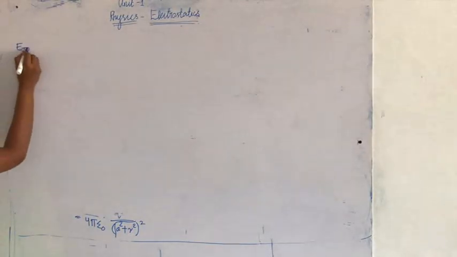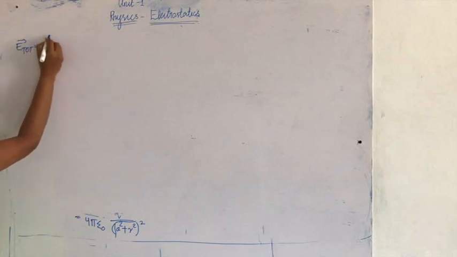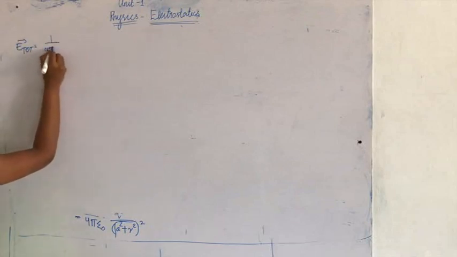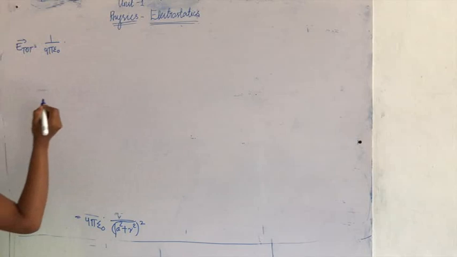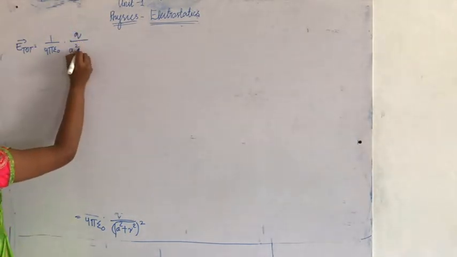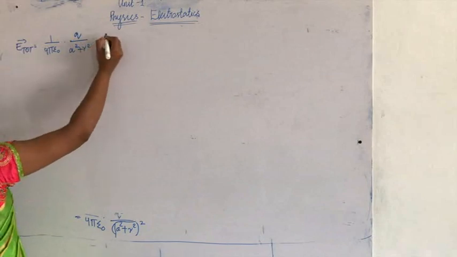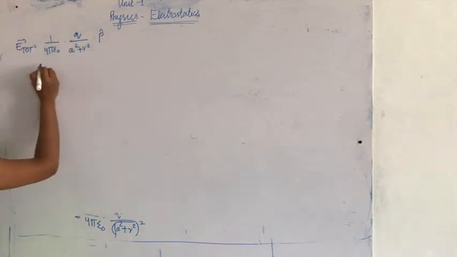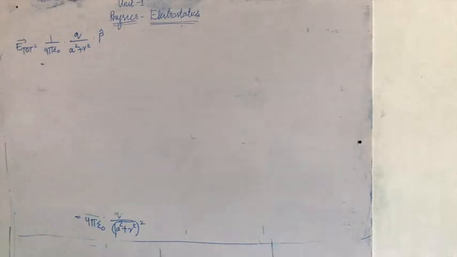E total equal to 1 by 4 pi epsilon 0 Q by A square plus R square into P cap. The square root and the square get cancelled.